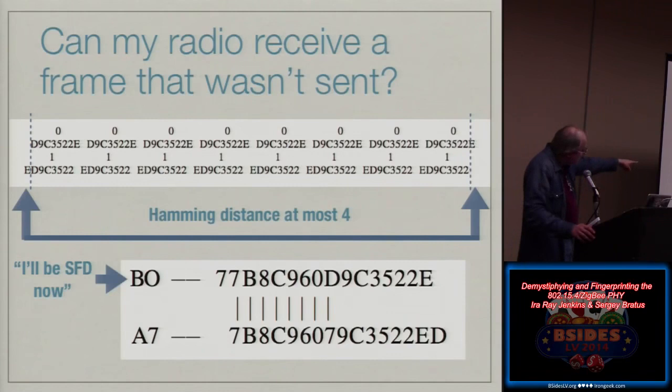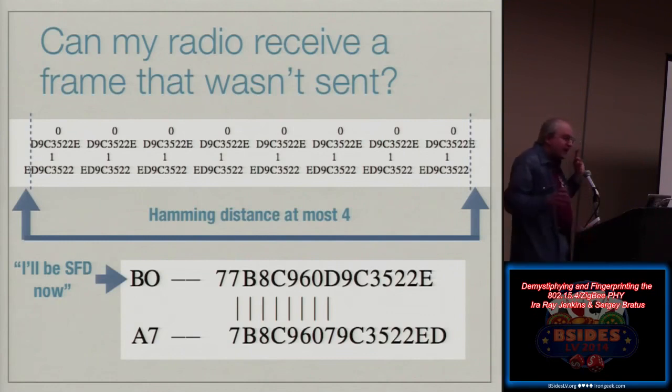Because you see, those codes are really well aligned. So what that means is that the distance between them is much less than the 16 of the error correction. So you will be receiving a frame that is nothing like it was sent. All you need to do is desynchronize that by that much of a nibble.